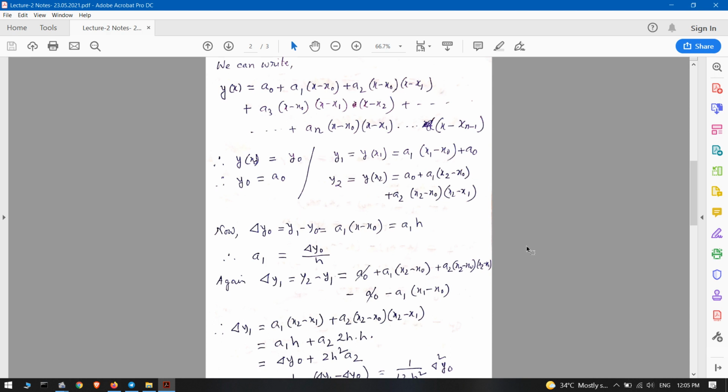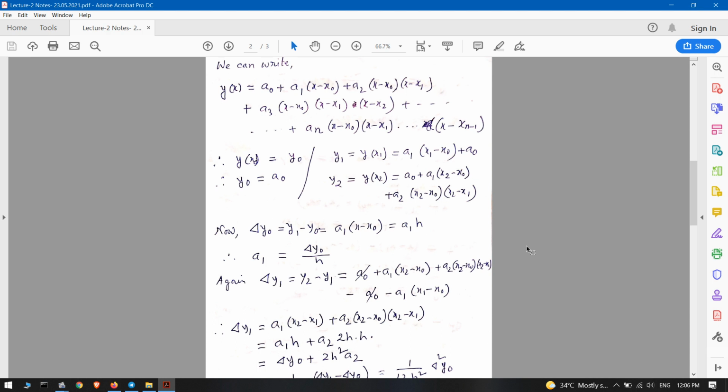Similarly, we shall try to calculate a2, and for that, again we have calculated del of y1. So del of y1, what will that be? y2 minus y1, and y2 we have already calculated from that expression of the polynomial.